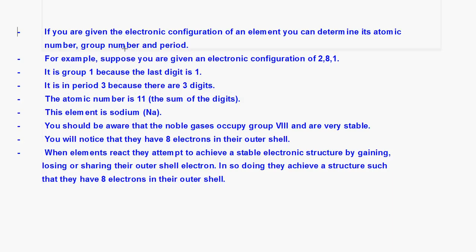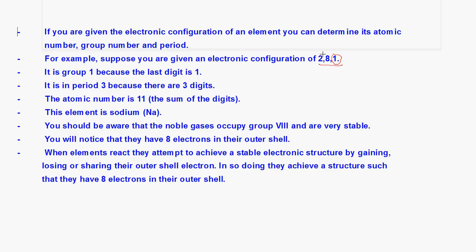Now, if you are given the electronic configuration of an element, you can determine the atomic number, the group number, and the period. For example, suppose you are given an electronic configuration of 281. Just by looking at this electronic configuration, I can determine what group it belongs to. The last number will tell me what group it belongs to. It's 1, so therefore I know this element belongs to group 1.